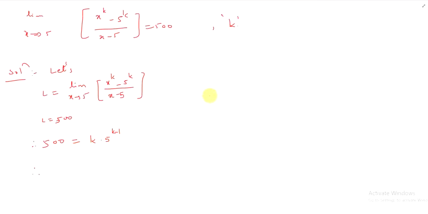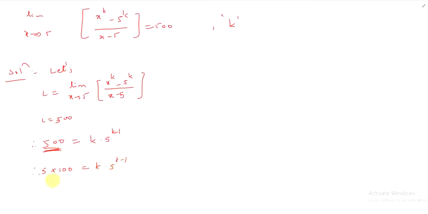So how to evaluate such a limit? To solve this, we first have to write the given term in this way. We have to think about this term 500. Can we write 500 as k into 5 raised to k minus 1?